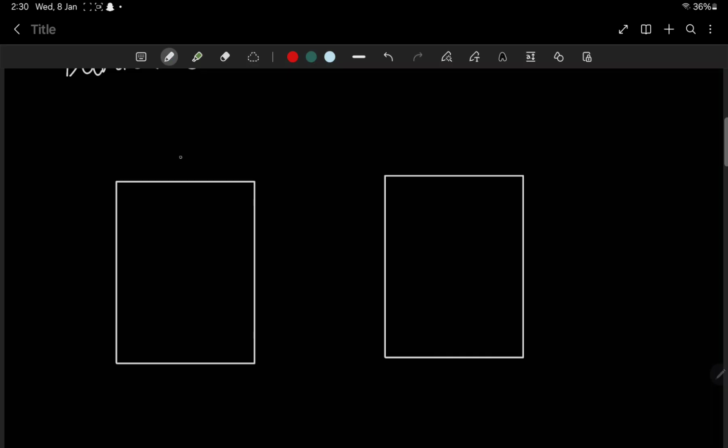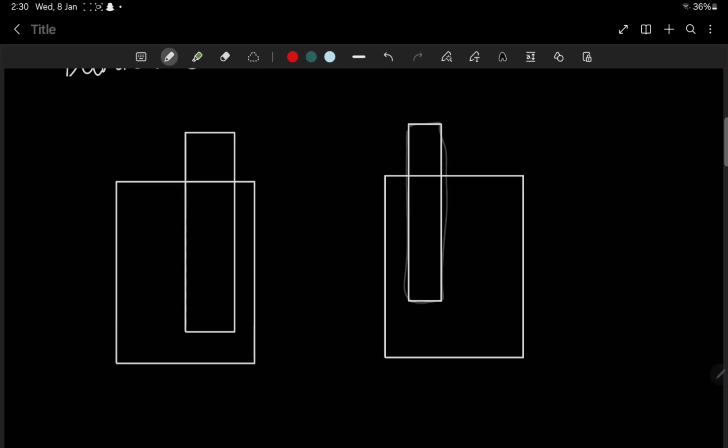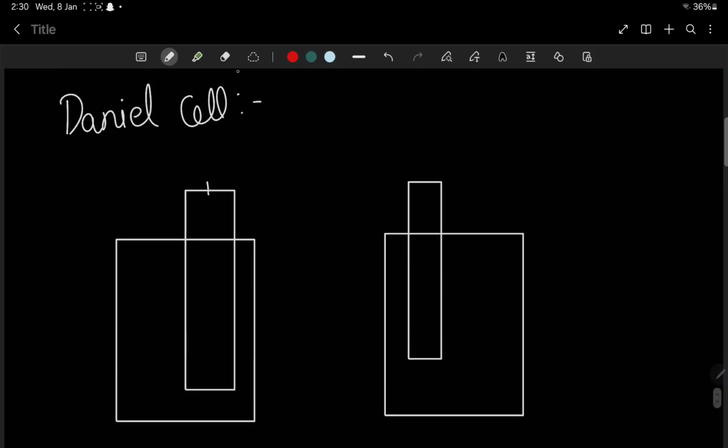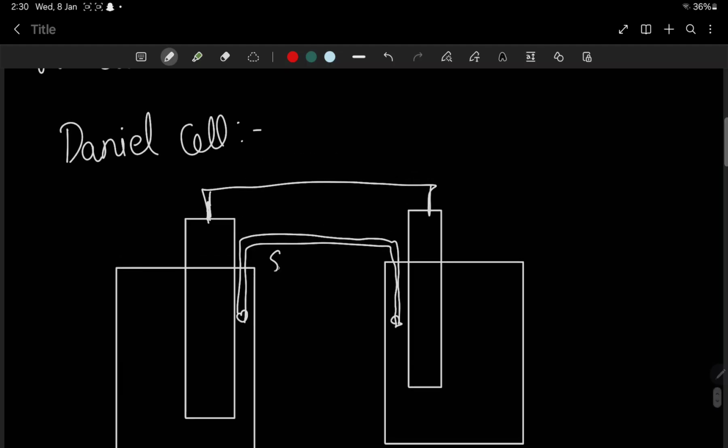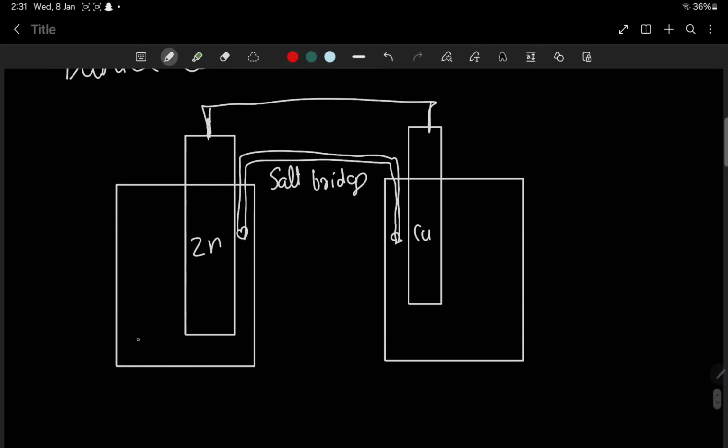Here inside we have something like this, and here also we have the same thing. It's connected with a wire, and there is a salt bridge. This is a Zn strip. This is a copper strip. The solution is ZnSO4 and that solution is CuSO4.